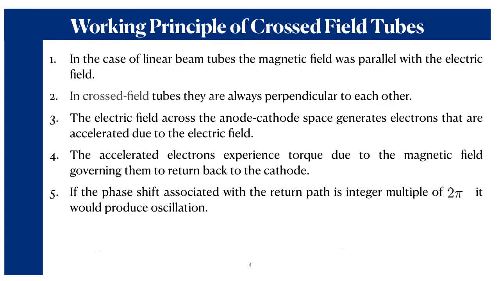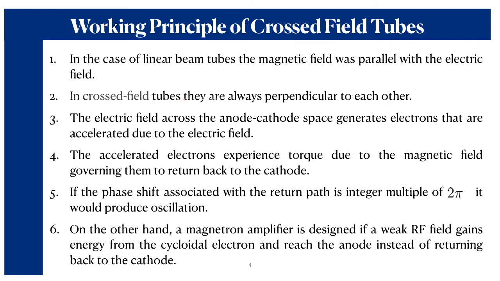So when the particles, which in the case of a magnetron are electrons, get back to the cathode from where the electrons are generated, and they traverse a path of integer multiple of 2 pi, then obviously that device generates an oscillation.